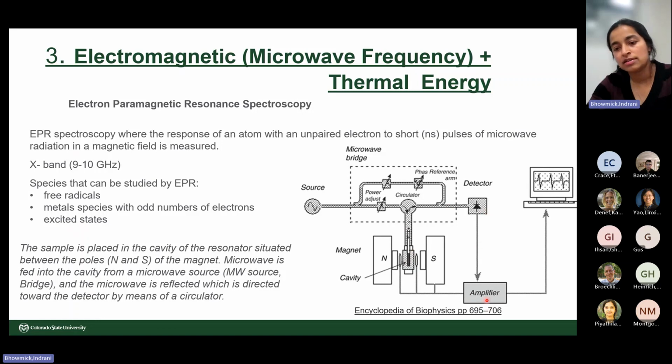And that amplifies, and then you get the response. So at the end, you are seeing the difference between the microwave coming without interacting with the sample and the one coming after interacting with your sample. And your sample sits in this magnetic cavity. These are electromagnets with lots of copper coil and a very uniform field.